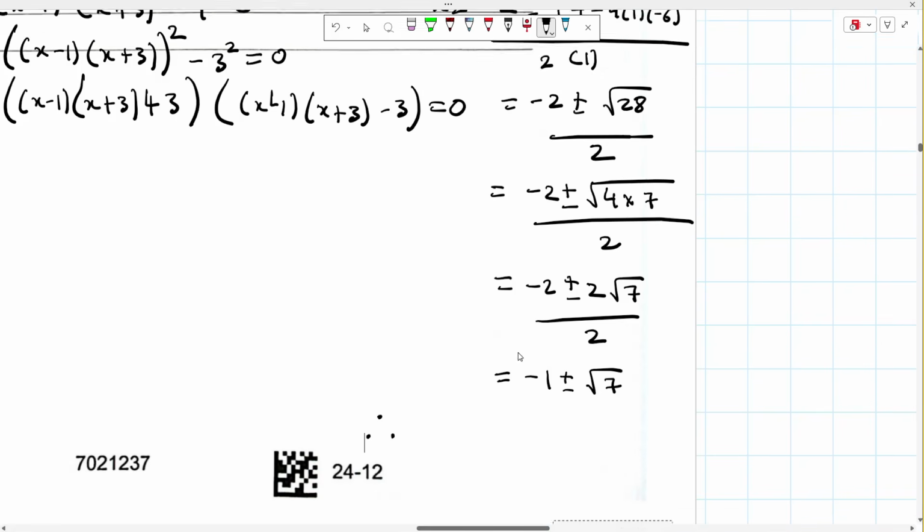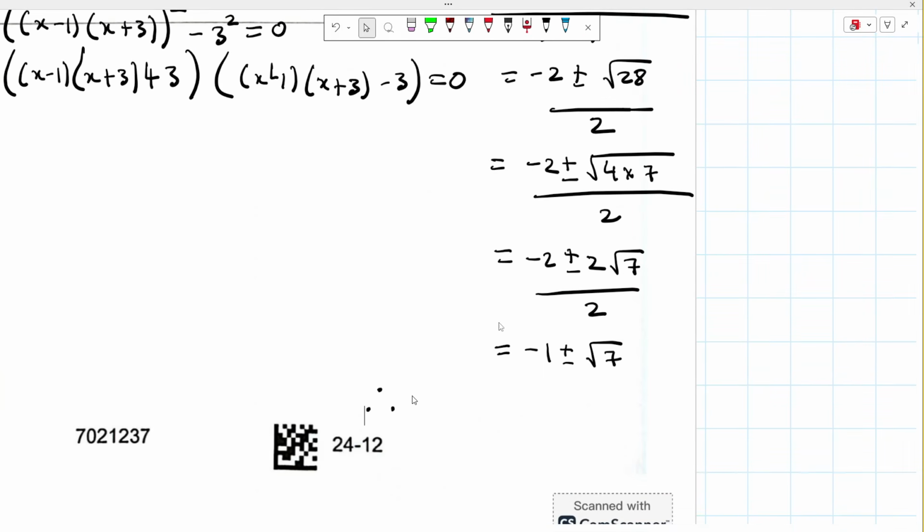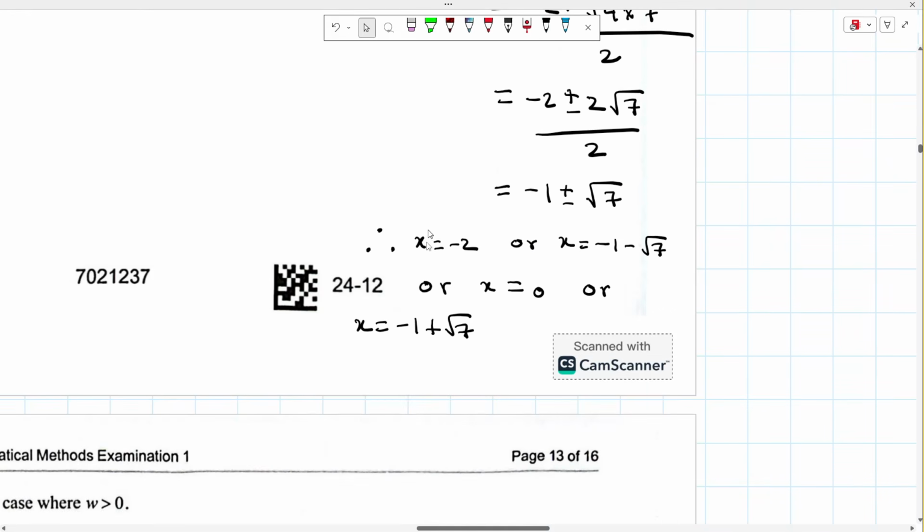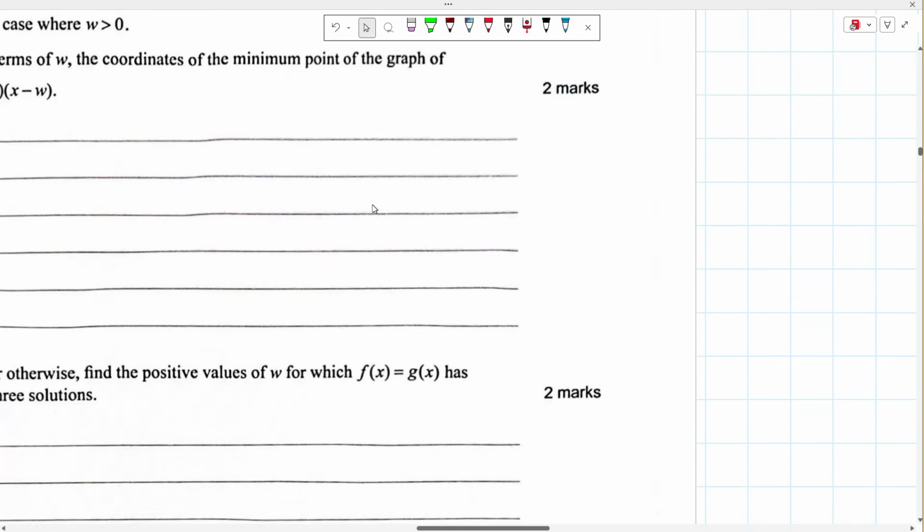So therefore, our 4 solutions are x is equal to -2, or x is equal to -1 minus root 7, or x is equal to 0, or x is equal to -1 plus root 7. Right? And that should be all of our solutions there.